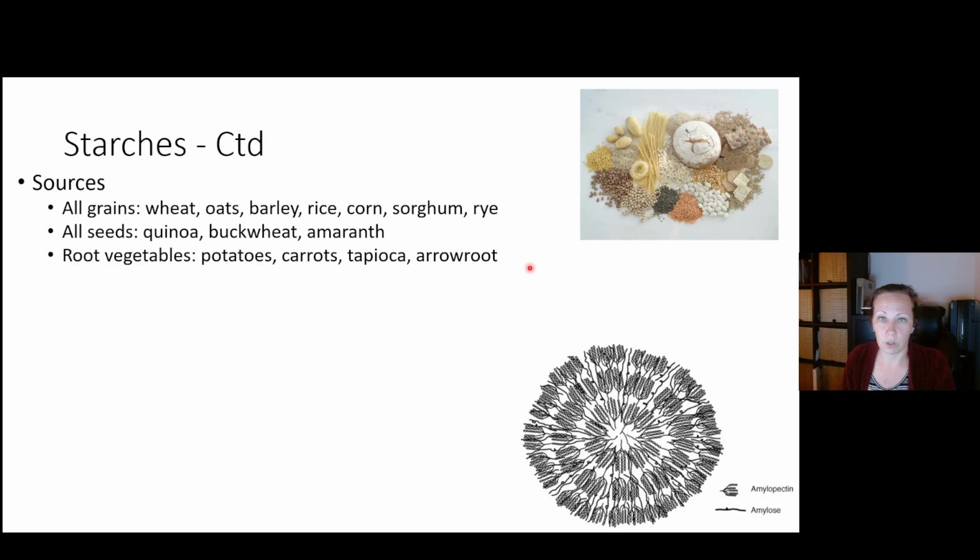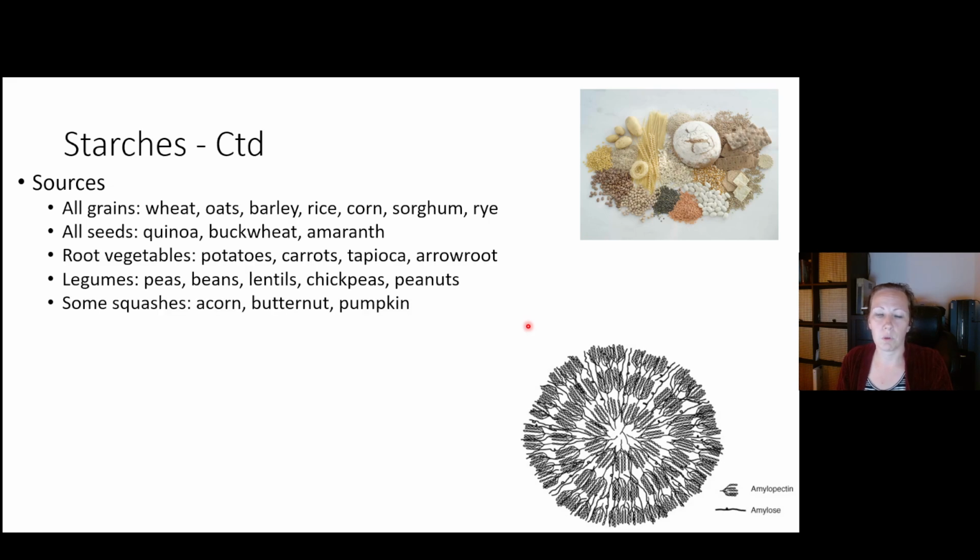You find potato starch at the grocery store, tapioca starch, or arrowroot starch. Also legumes, so beans, peas, etc., are all high sources of starch.